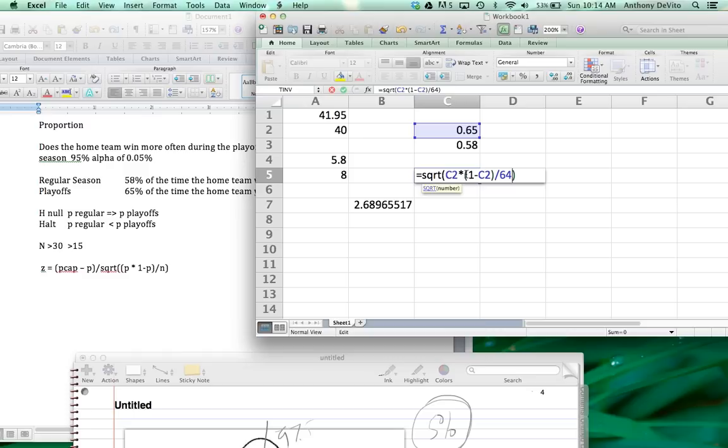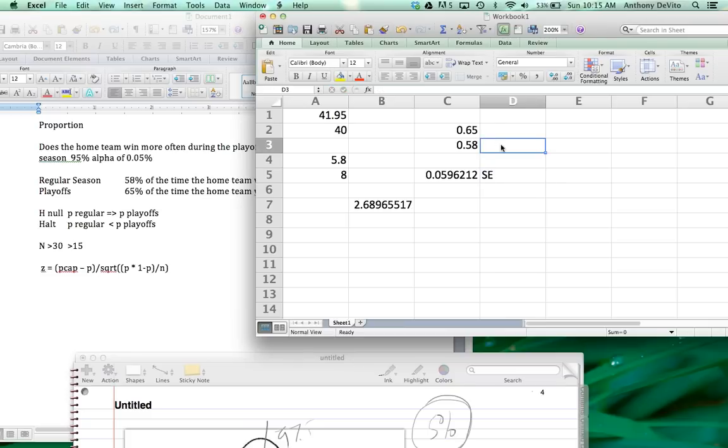So this is going to do the subtraction first and then the multiplication and division. This should work. And our standard error, remember, that's our standard error. This is our p-value for the population, and this is our p-hat.